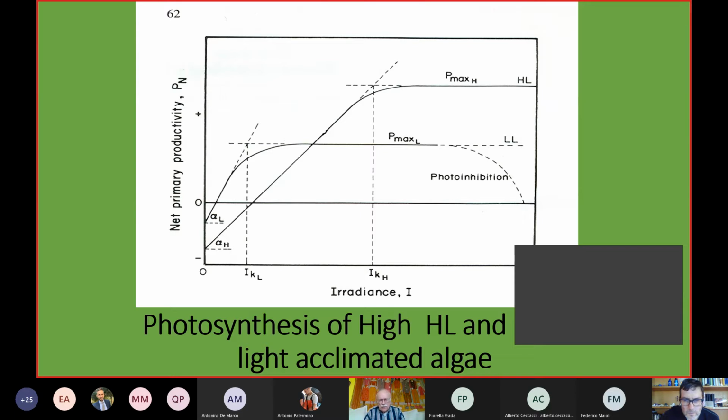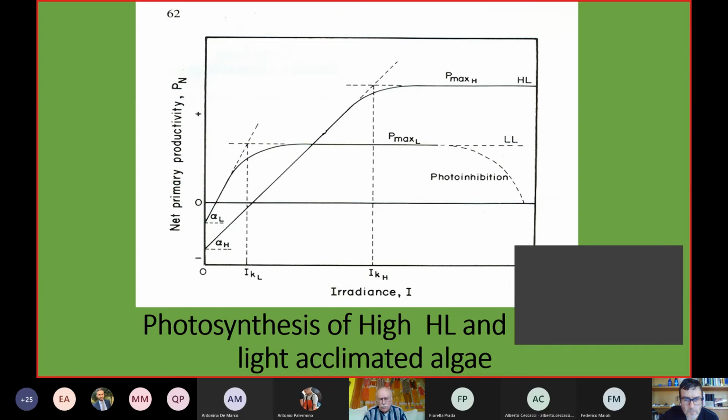All of that requires energy. Okay, then you see the crossover of the 0 line, that if you remember, is the light intensity at which the photosynthetic rate equals that of the respiration requirements.